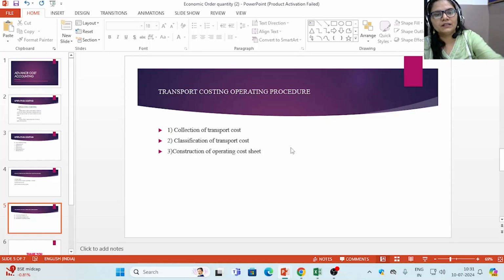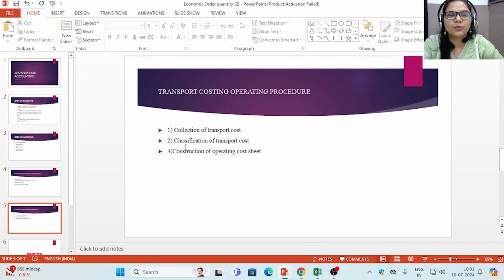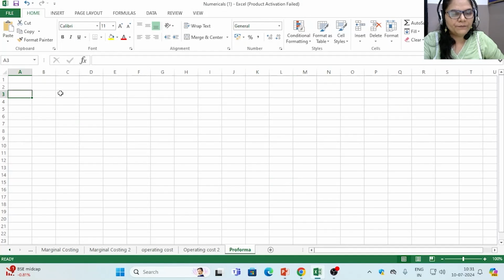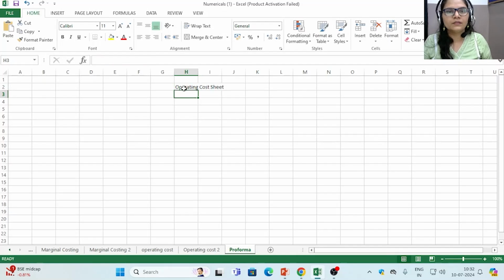Now, classification of transport cost. We will study classification and construction of transport cost with the help of a format. Let us understand the format. Whenever we are preparing any operating cost sheet, first we will make the format.